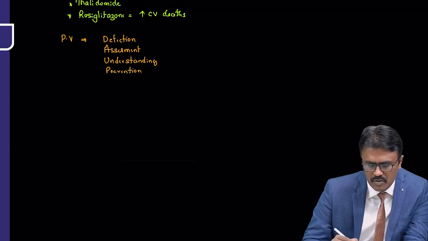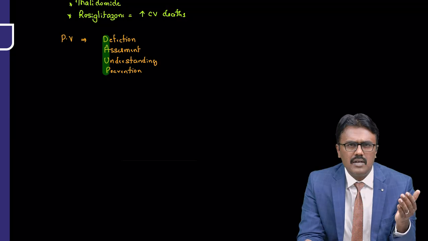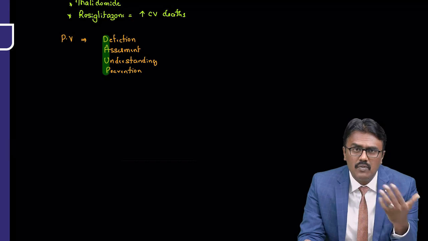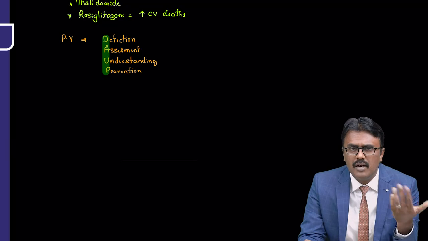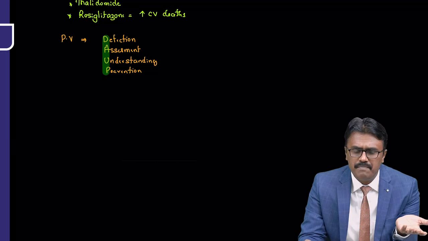So the pharmacovigilance detect if there is adverse effect, they have to detect and assess whether it is because of the drug, understand why the drug is producing it, and if the drug is producing, if you are confirming, then prevent it so that the future generation will not suffer.